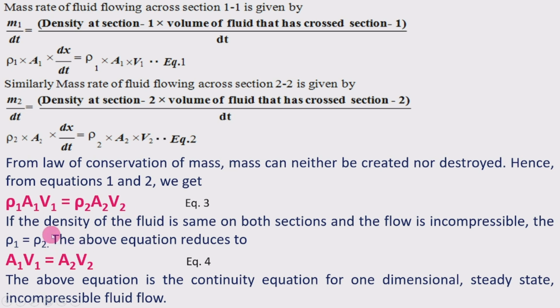Here, if the fluid flow is incompressible, then the density remains constant at both sections, so we can write ρ1 equal to ρ2. In this equation, ρ1 equal to ρ2 cancels out. Then the above equation reduces to A1 V1 equal to A2 V2.